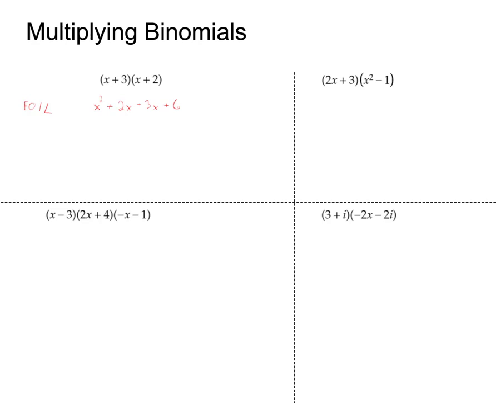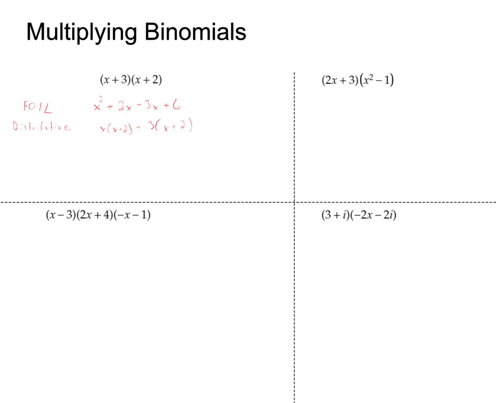The other way to do this is actually to recognize that really this is just applying the distributive property twice. So distributive property. What that means is you break up that x plus 3 term into an x and a 3. So then you just take it as x times x plus 2 plus 3 times x plus 2.